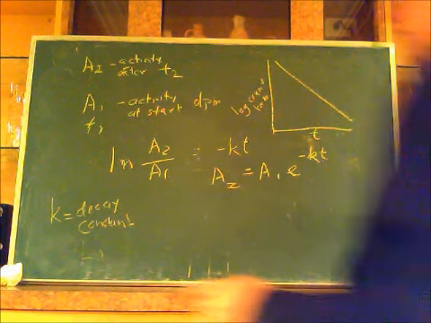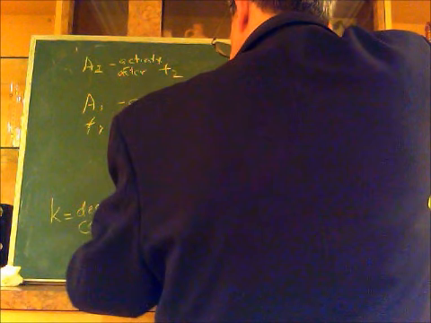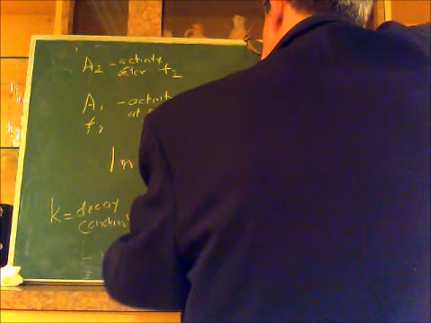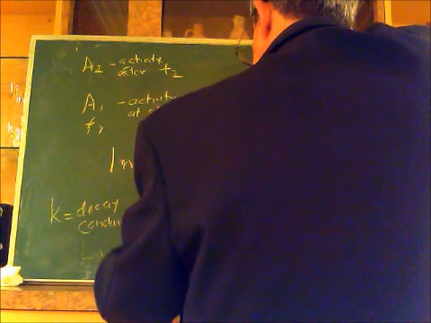But much more useful than that is the fact that we can also say that k is equal to the natural log of 2 divided by something called the half-life.